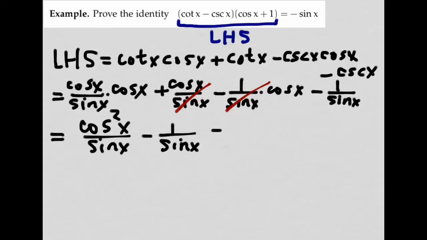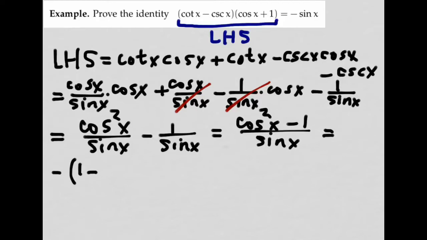So we can write this as cosine squared x minus 1 over sine x. If we look at the numerator and factor out a negative 1, we'll have minus 1 minus cosine squared x over sine x.